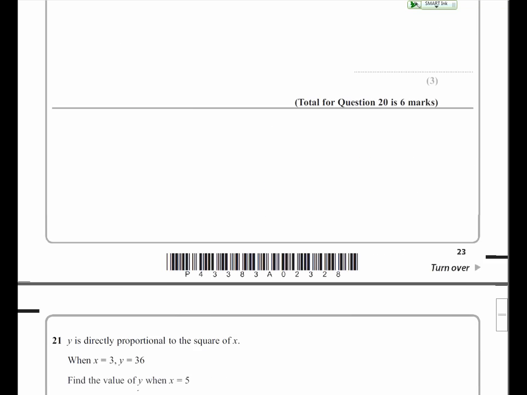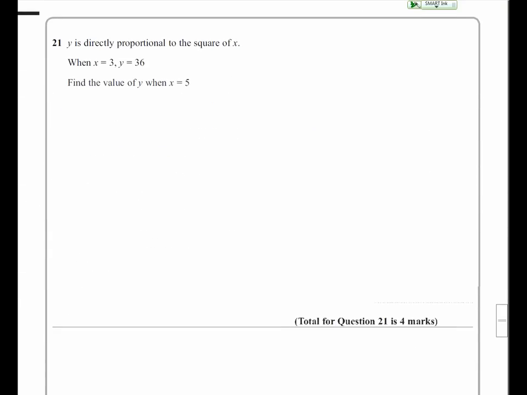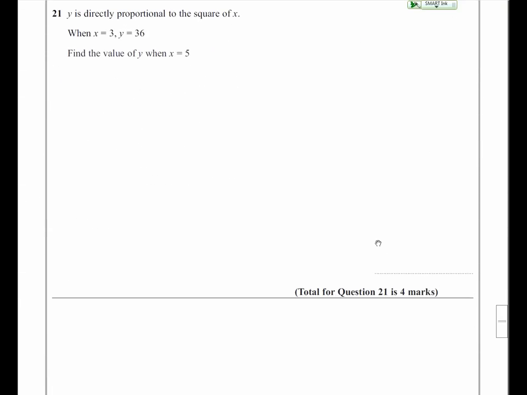3 marks. Question 21. y is directly proportional to the square of x. So y has a relationship with x where it's proportional to x squared. And that means to get y, it's going to be some number, whatever it is, times by x squared each time. And our job is to figure out this constant k.